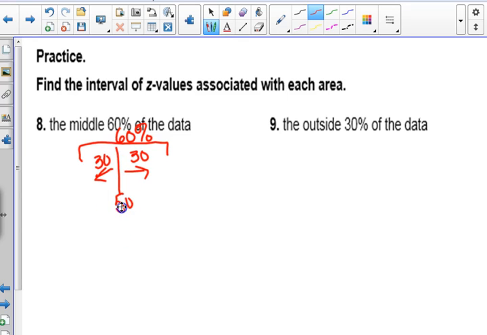Does that make sense? To find the middle 60%. Okay. So this is 20, and 30 this way would be 80. So now you're going to do inverse norm of this, leaving the mean at 0 and the standard deviation of 1.